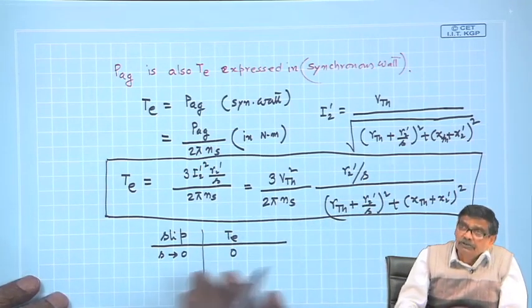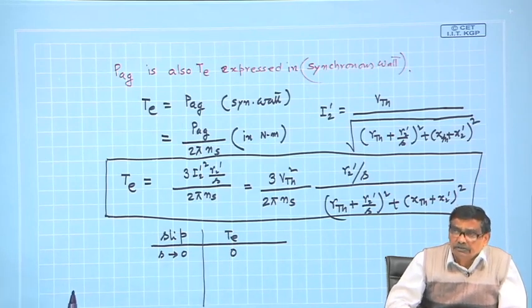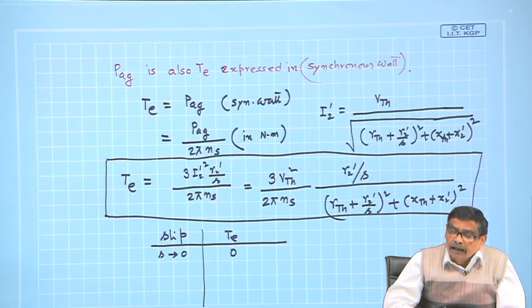So, torque will be 0. Physically I know why the torque will be 0, because slip equal to 0 means Nr equal to Ns, and the machine cannot develop any torque.